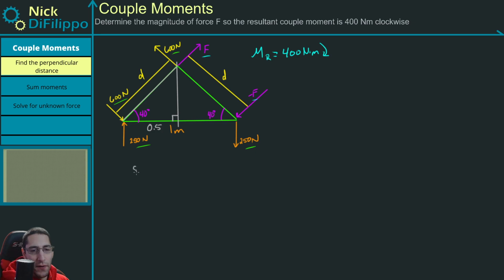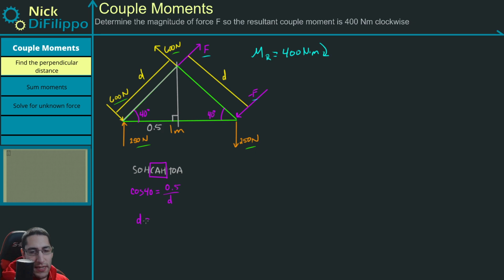I can say from SOH CAH TOA, I'm looking for the hypotenuse. I have my adjacent, so I need to use the cosine of 40. So the cosine of 40 is going to be equal to 0.5 over d.